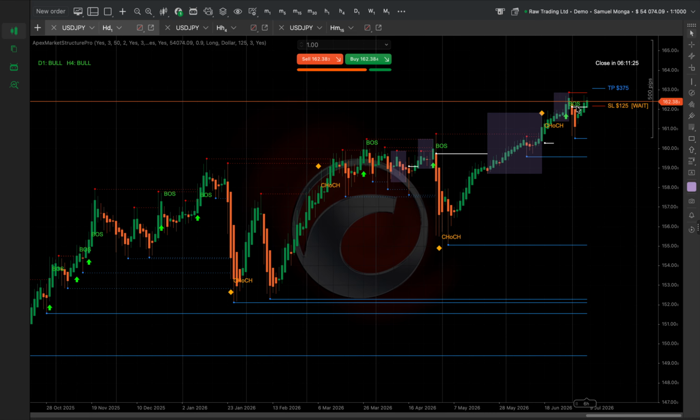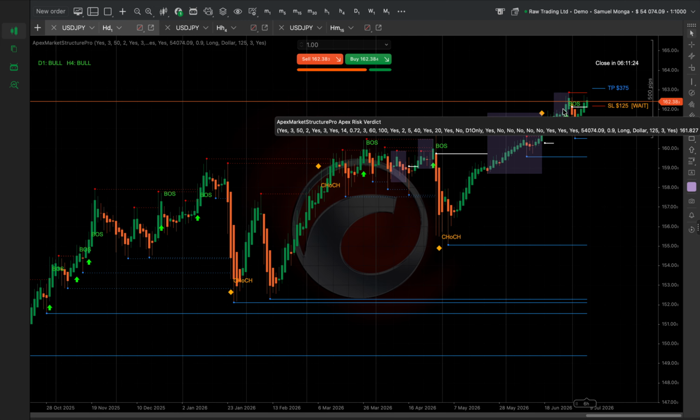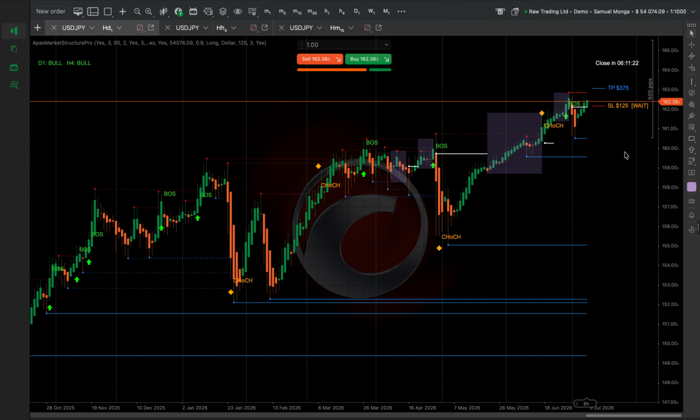First, we have a box. Let us talk about the last box that we had. Once the price broke out of the box, it was the end of the contraction phase and the expansion phase started.